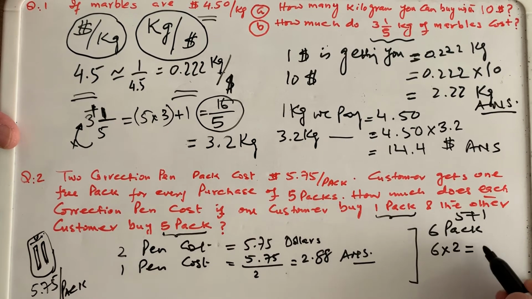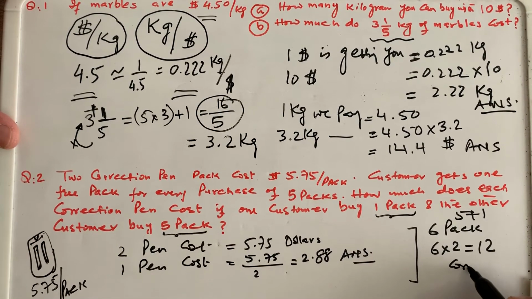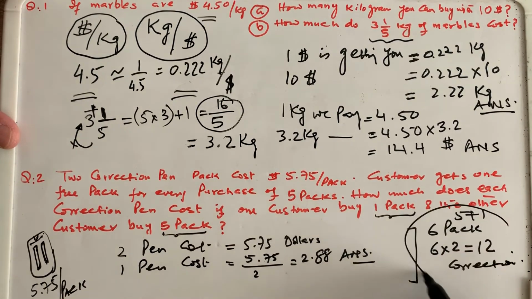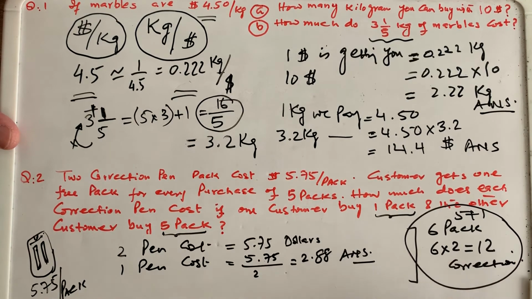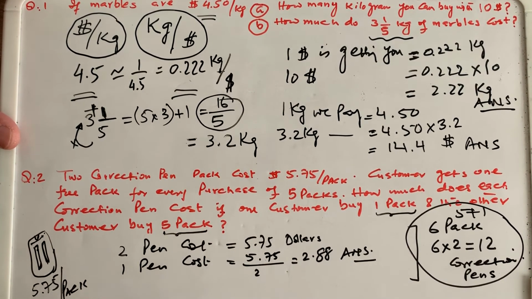So that means the second customer is receiving 12 correction pens in total. Right? This is my back of the mind study, what we are considering in the second case. When the customer buys 5 packs, he is actually receiving 6 packs. That means he is receiving 12 correction pens. Right? So what is he paying for? He is paying for 5 packs.